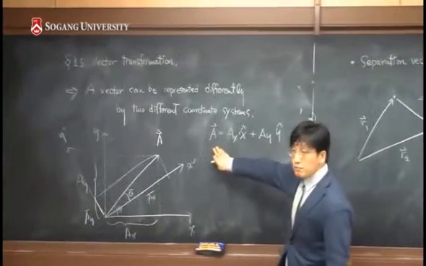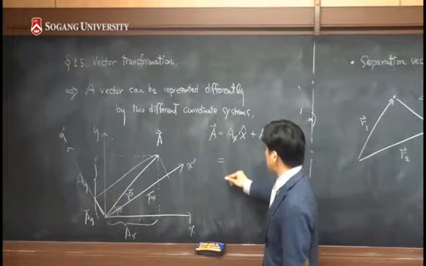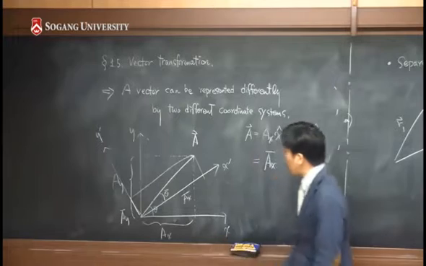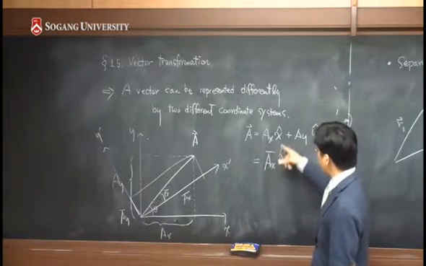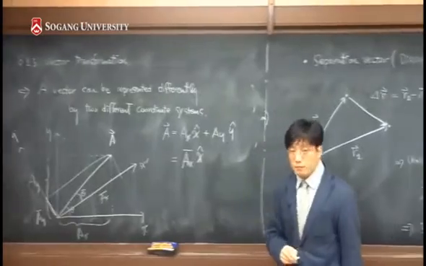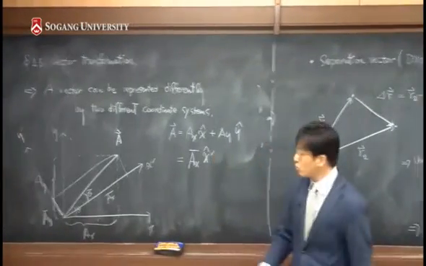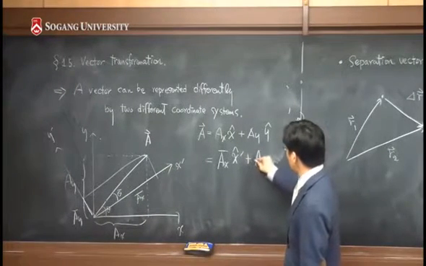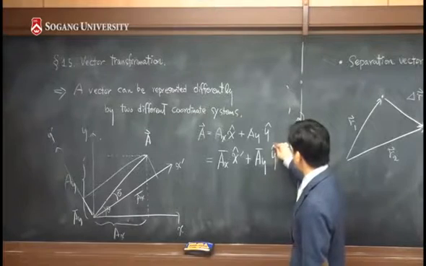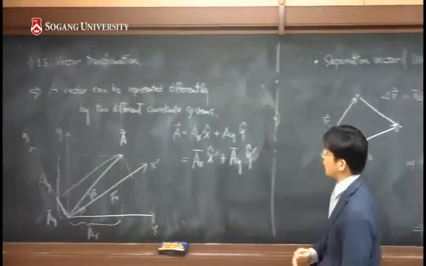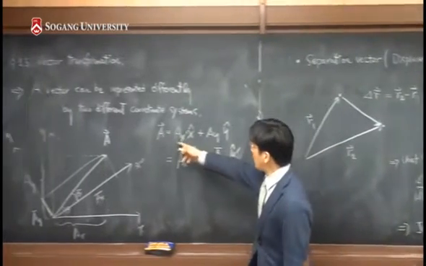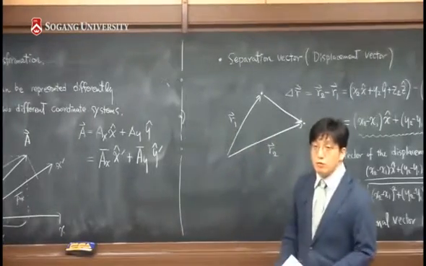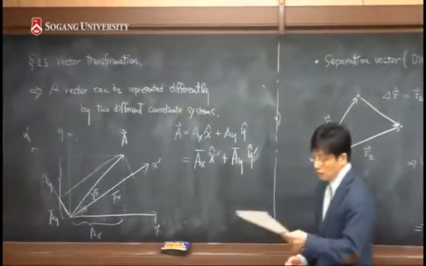Then the same vector a can be expressed differently now, using ax bar in the x prime direction, because the bases are no longer the same. So in this case it's the prime basis, and the second one will be ay bar in the y prime direction, not just the y direction. So ax and ay and ax bar and ay bar will have different values because your coordinate system has been transformed.